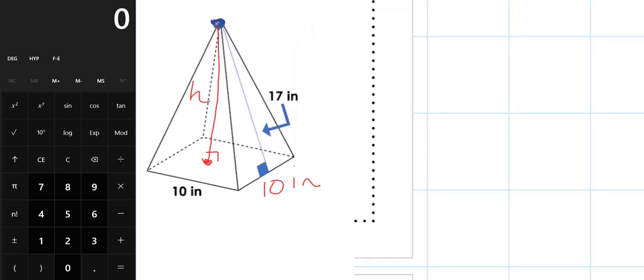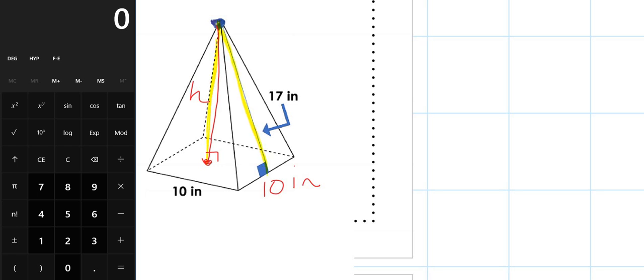Okay, so I've drawn in my height. Now, when it comes to pyramids and cones, one thing I will tell you is that if you're missing a height or a slant length or a side length, you can always solve for those things using Pythagorean theorem or trig. Now, the question is, well, how? Well, we see this height drawn in, and we also see this slant.